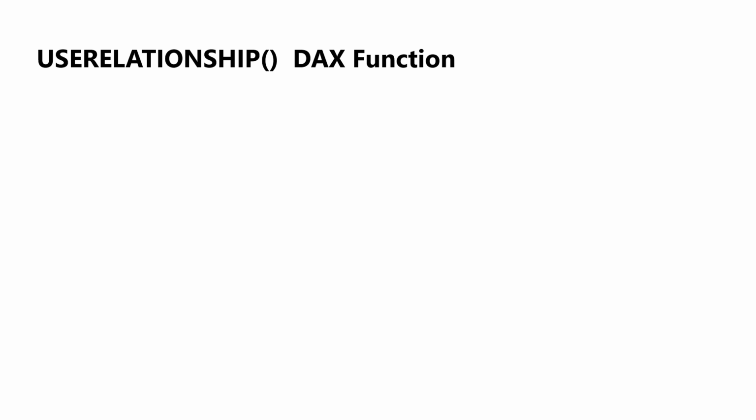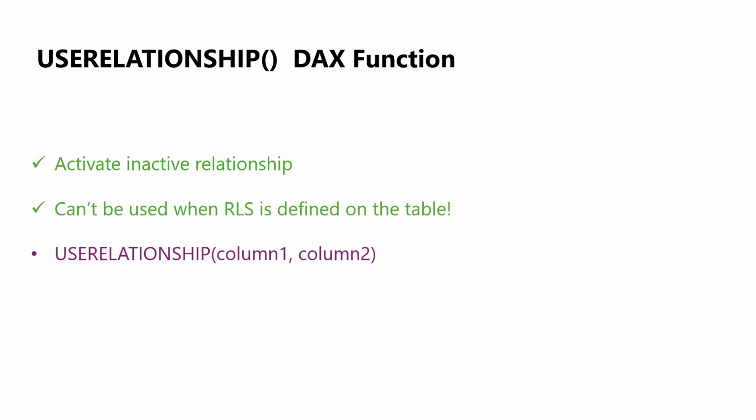In some scenarios, you want to switch active relationships, and that's where the USERELATIONSHIP function comes to the rescue. It allows for activating the inactive relationship just for the specific calculation. Keep in mind that if you apply row level security on the table, USERELATIONSHIP function can't be used.